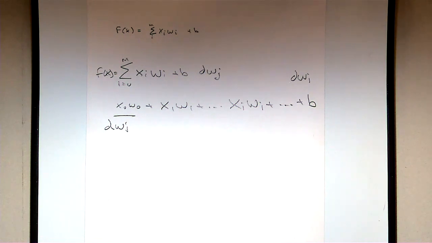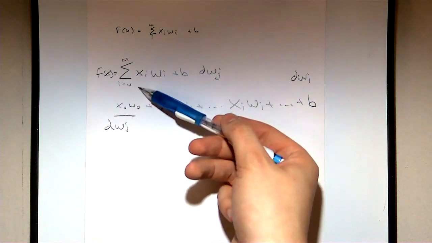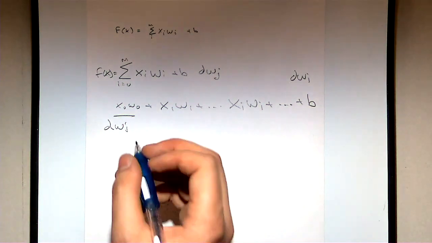Someone said over here, 0. So this is the main intuition and main mess up that people have with this. W0 and wj are not related to each other. They are different variables. So when we take the derivative of this with respect to wj, we end up with 0. There's essentially two separate variables, one being derived by a different variable, and that is always going to be 0.